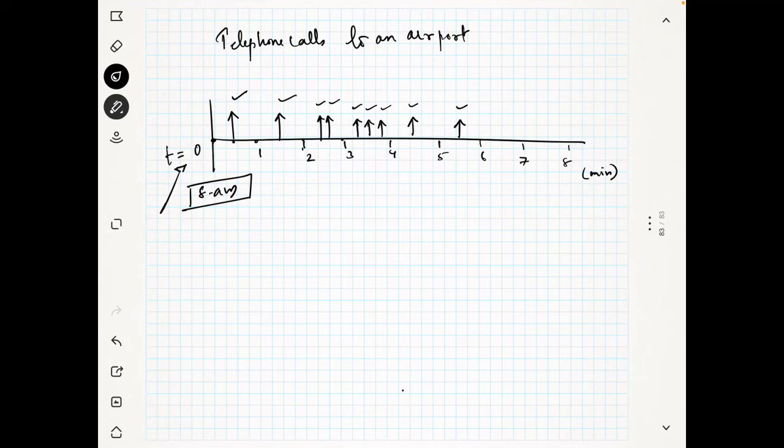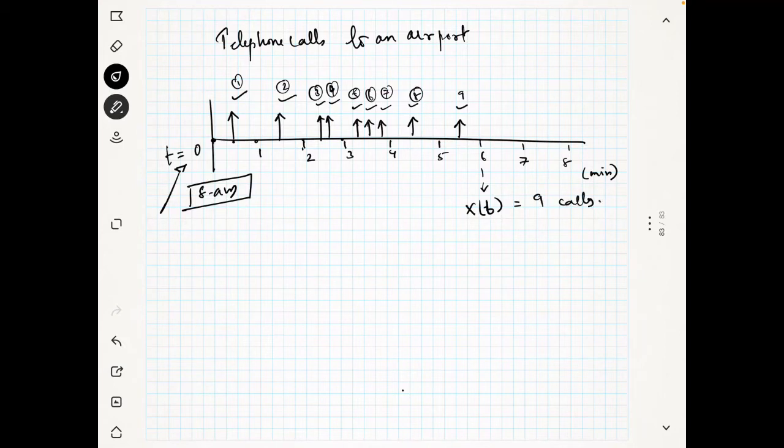At the 6th minute, considering x of 6, you are getting 9 calls.